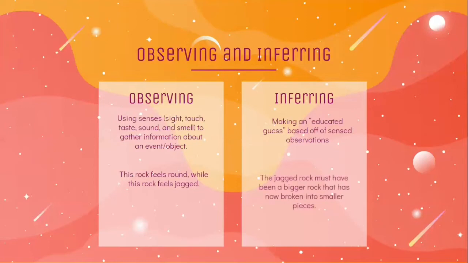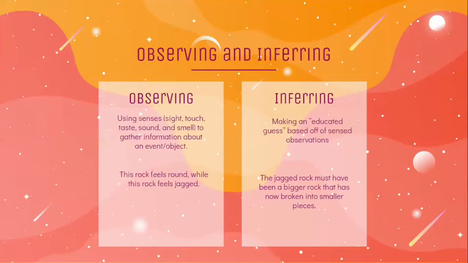And so we could say that the jagged rock must have been a bigger rock that is now broken into smaller pieces. Okay, and so notice that an inference is really defining what it is, whereas observing is just describing qualities or quantities about a particular object, not making a guess as to why or how. It's just stating what is right there in front of you.